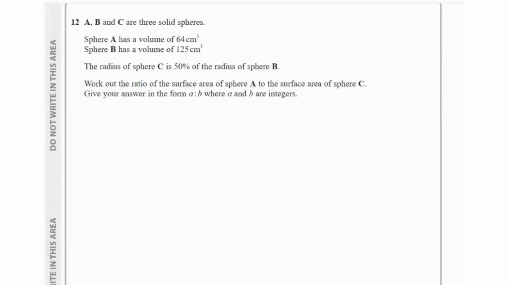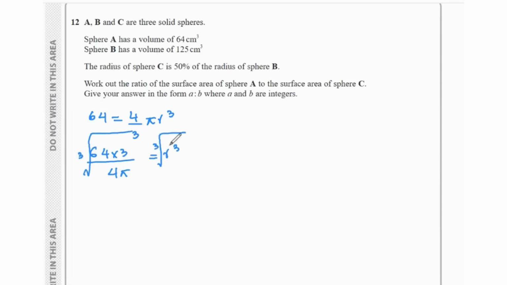So firstly, we need to figure out the radius of sphere A. They've given us the volume, so 64 equals 4 over 3 pi r cube. 64 times 3 over 4 pi equals r cube. Take the cube root on both sides.